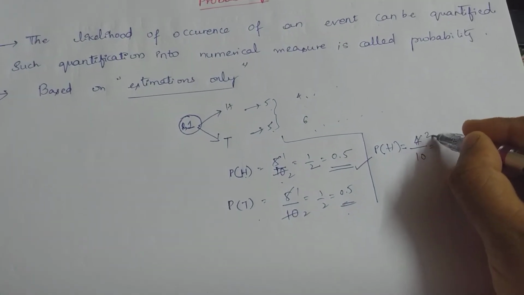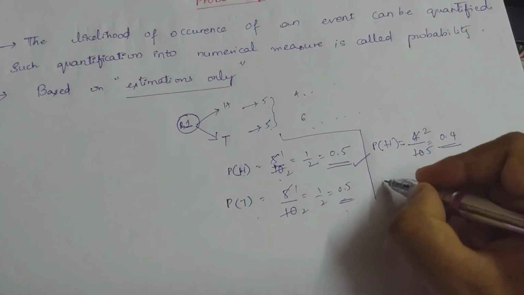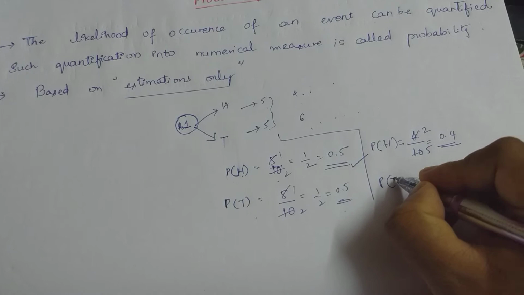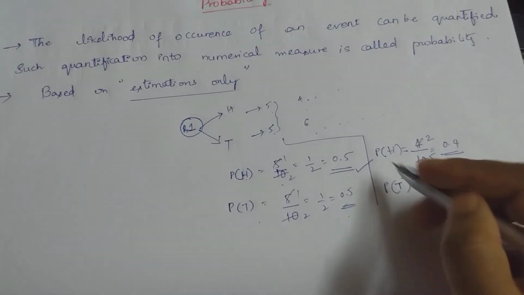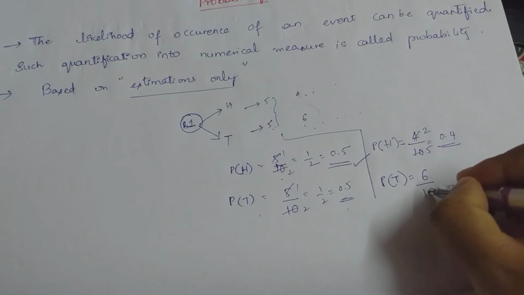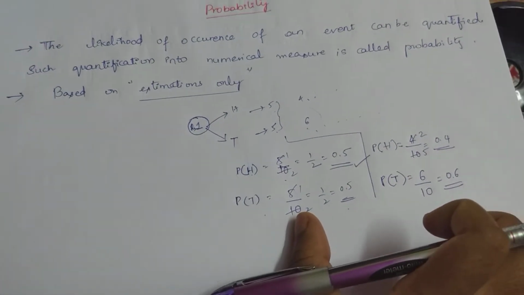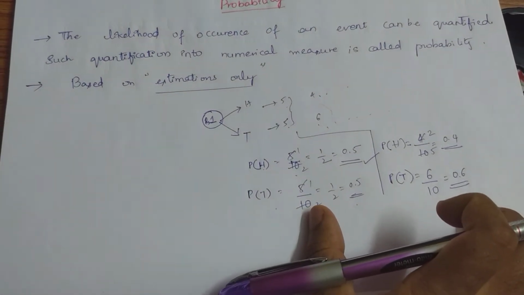It becomes 2 fives are 10, that is 0.4. What is the probability of getting tail here? 6 times you got tails out of 10 total trials, so it becomes 0.6. This is the way to compute the probability value.